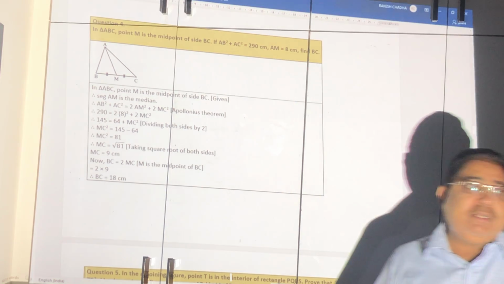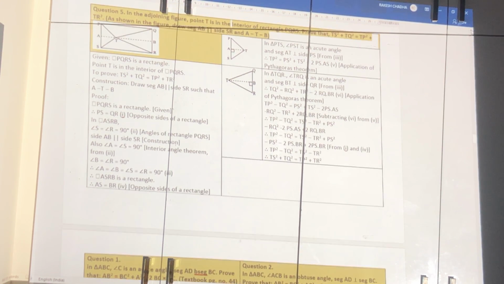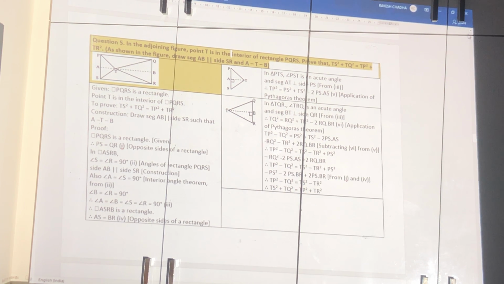This also we have already seen. In this sum, my friends, such a difficult diagram is given.